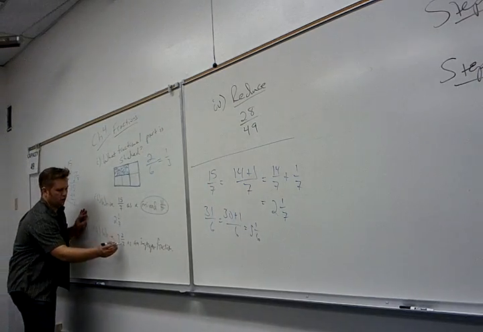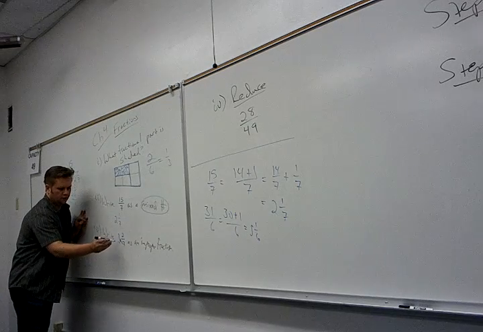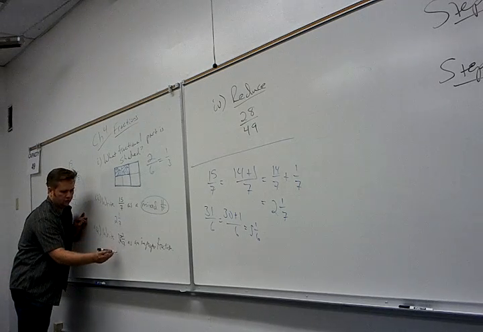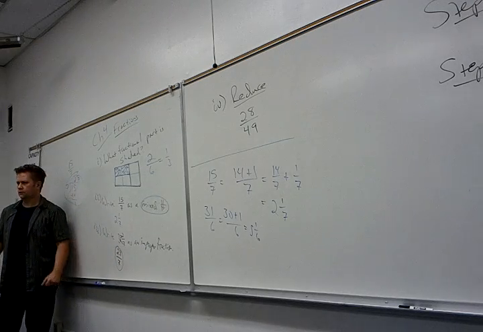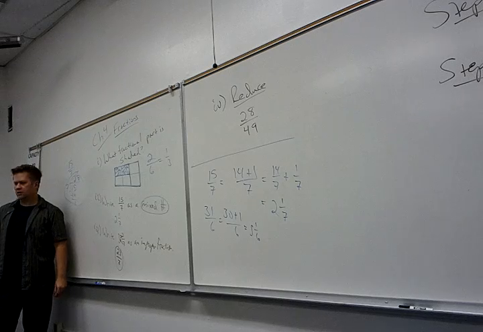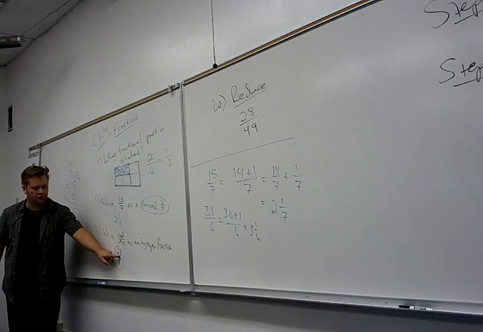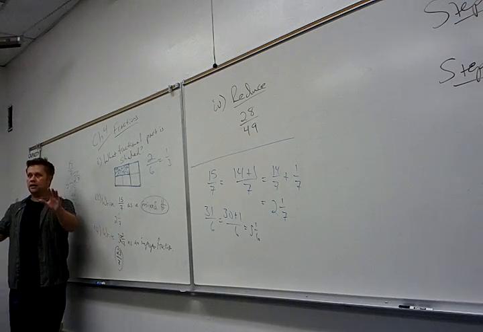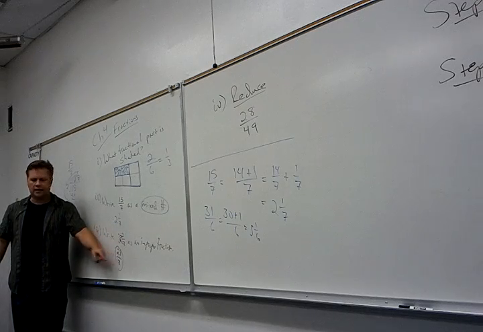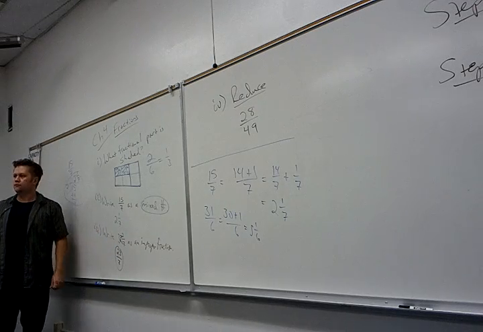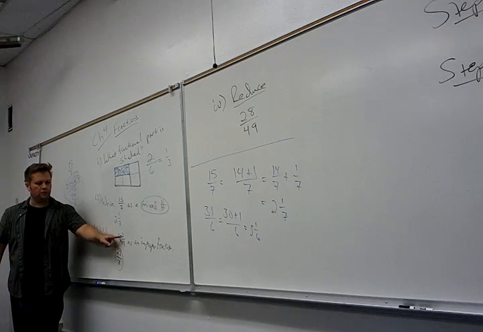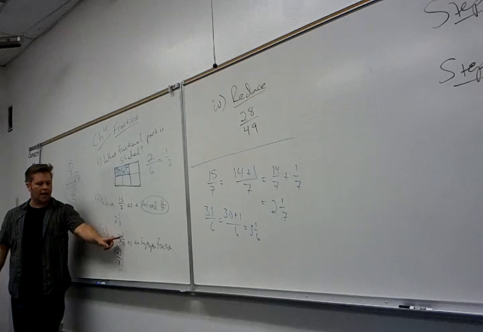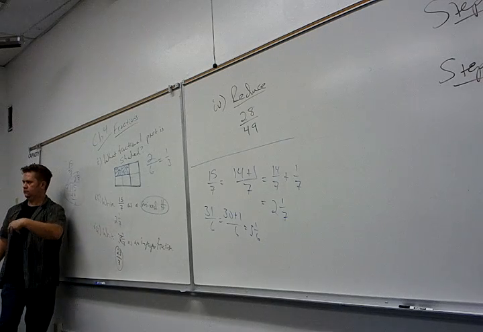So 7 times 3 is 21 plus 2, 23. There you go, so it's 23/7. You can see the extra 2 sevenths, because if only this was 21 sevenths, it would be nice, but we have an extra 2 sevenths. Can you repeat it, like 3? Yeah, 7 times 3 is 21, plus 2, 23. You're adding that remainder back in.